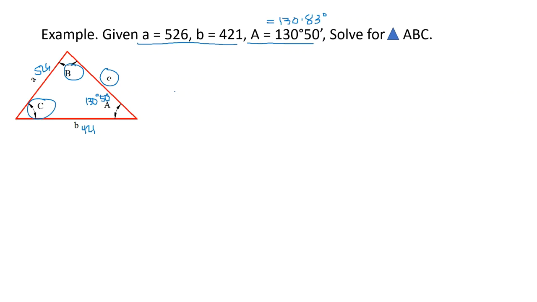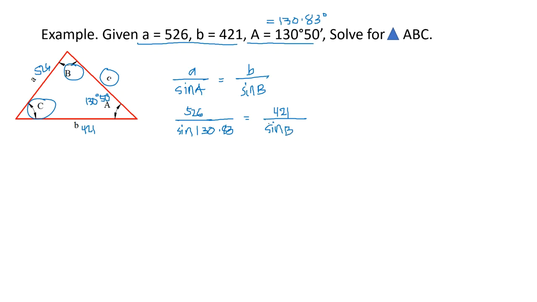We can solve for the angle B, since we have the value for angle A and we have the value for side B. So we have A over sine A is equivalent to B over sine B. Here we have 526 over sine 130.83 is equivalent to 421 over sine B.